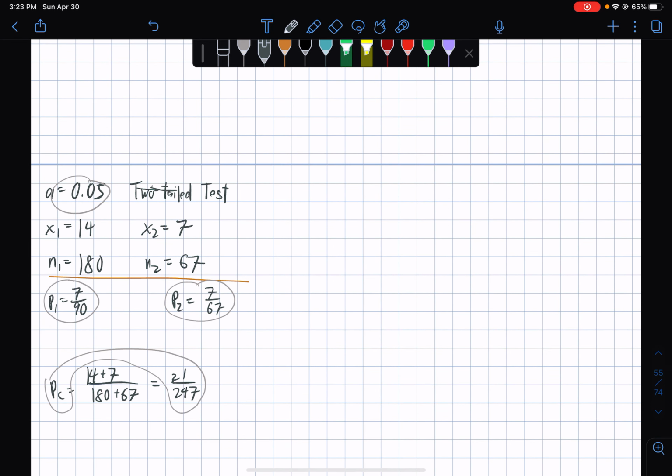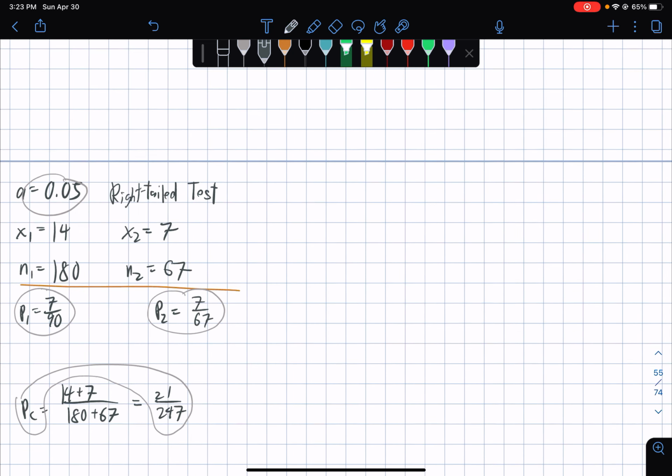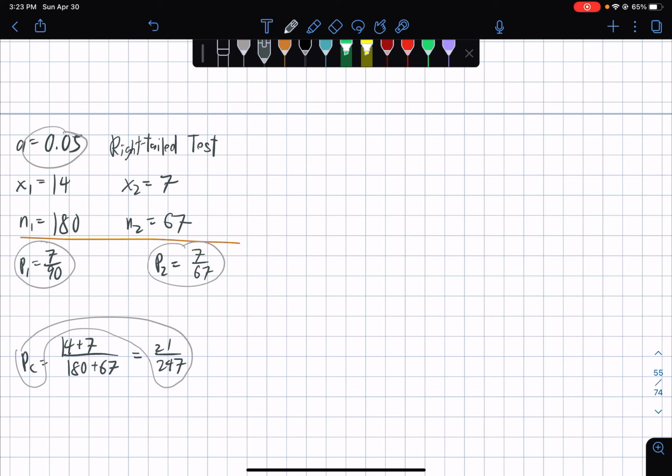Okay, let's make this a right-tailed test, in the hopes that things might change. You don't have to change anything in the P1, P2, and PC values. I started the hypotheses H0 and H1 because this is a right-tailed test. You have something like this and like that.